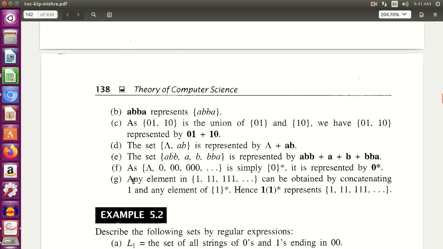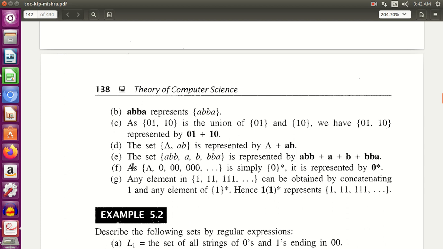Okay. This one is a bit different. Look at this: 1, 11, 111. So we do not have a lambda over here. I have told you about a positive closure, that is 1 plus. But we are not directly using the plus symbol in case of regular expressions. What we do is we present it in this form: inside the bracket we have 1 star, that is the Kleene star of 1, and outside that we have 1.